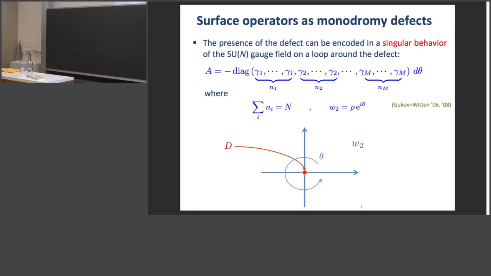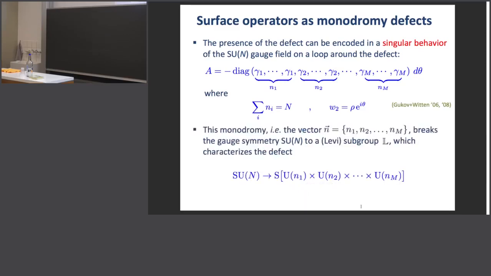So essentially it is as if the original SU(N) group is broken into M different components, M factors of U(1) with a global U(1) factored out. So by giving you this formula, you see the so-called Levi decomposition of SU(N) into the subgroup which characterizes the defect.